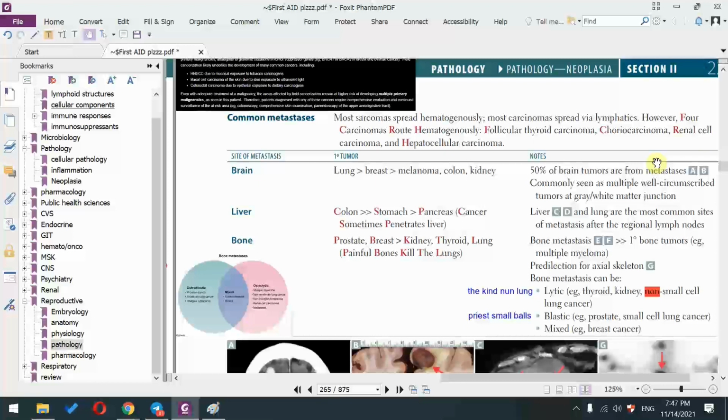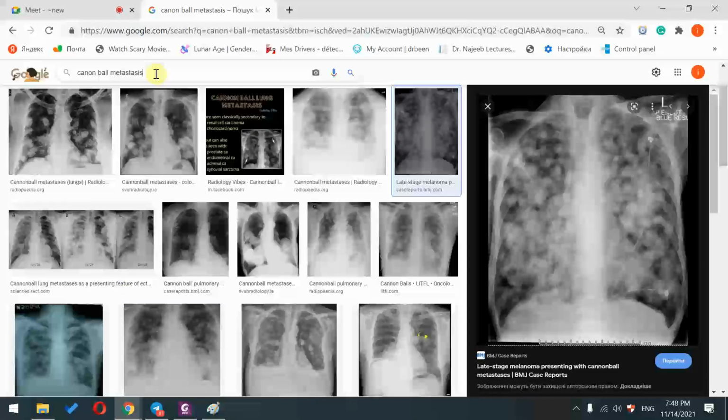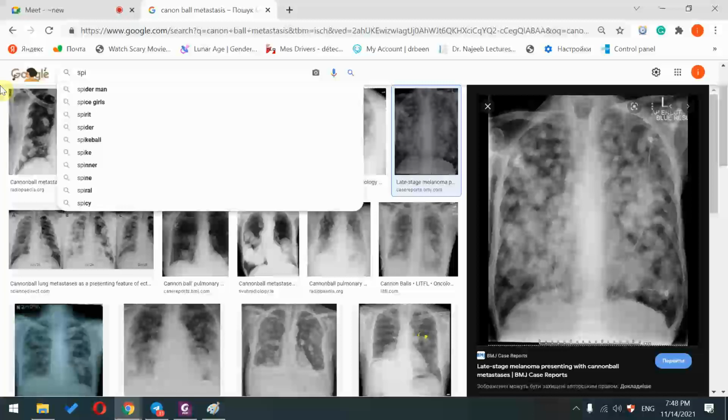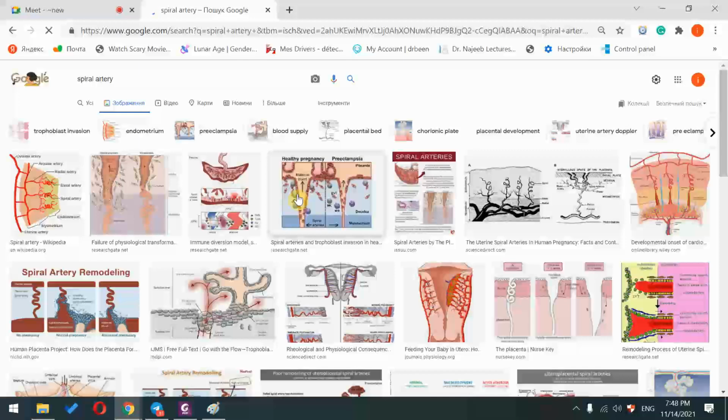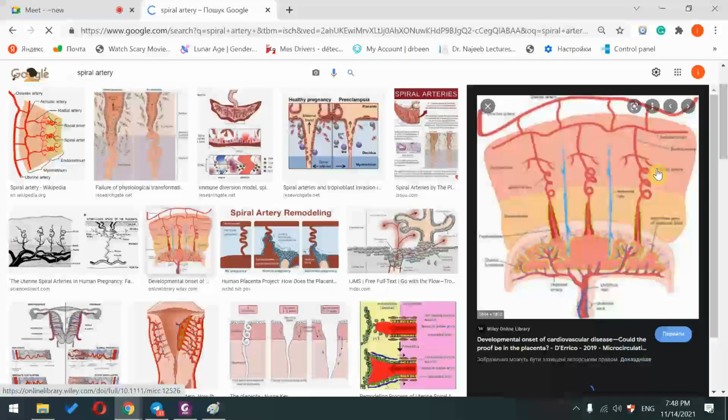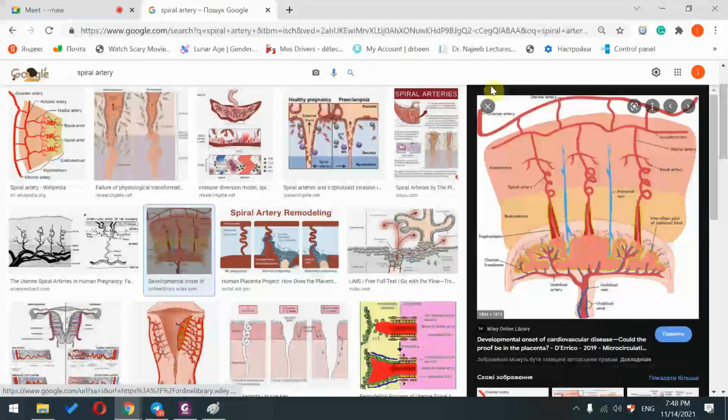Your question, first of all, why does choriocarcinoma go to the blood, not to the lymphatics? Well, guys, if we speak about something called the spiral arteries, I hope you know what a spiral artery is. Spiral arteries are arteries located in the endometrium of the lady, okay?